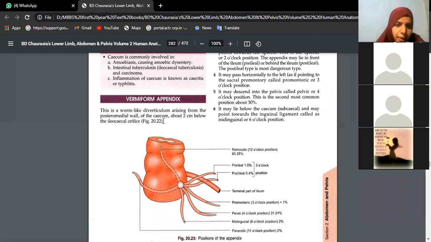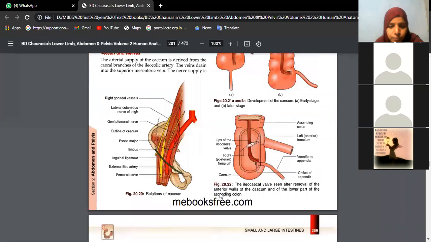If this is the terminal part of the ileum, just 2 centimeters below the ileocecal orifice, you have the opening of the appendix.